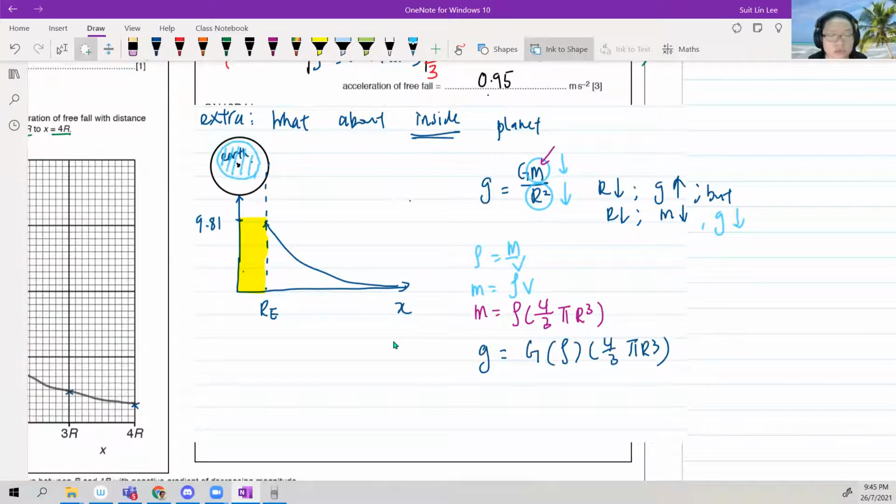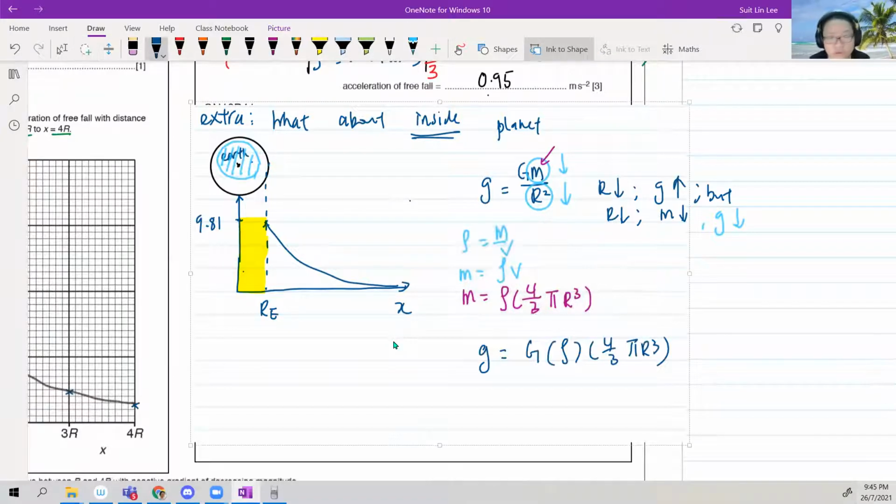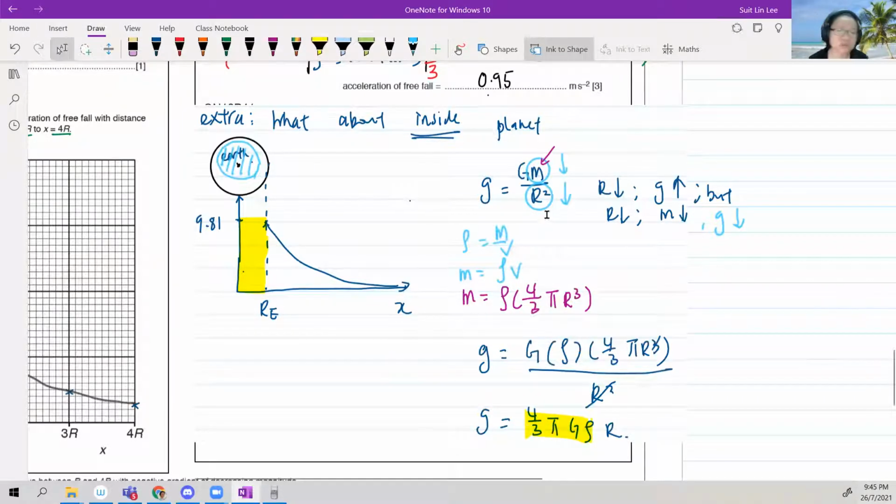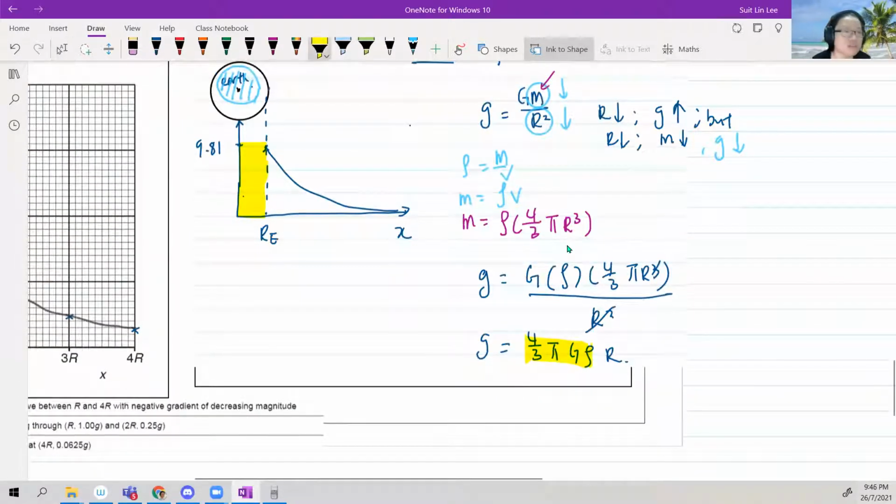I don't know if you notice anything, but we can still cancel the r because of the divide by r squared. So this one is bye-bye. And then what you have left is g equals 4 over 3 pi G rho r. All these things in front, are they not constant? 4/3 is constant, pi is constant, G is the gravitational constant.